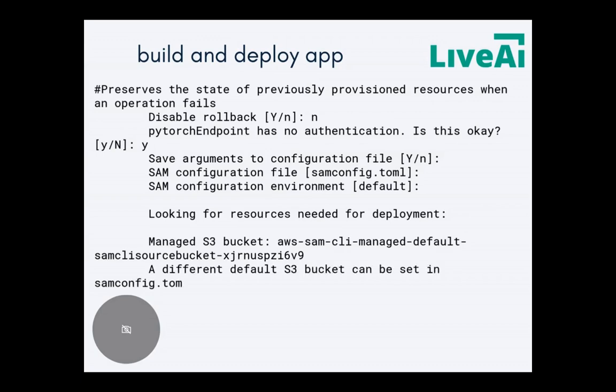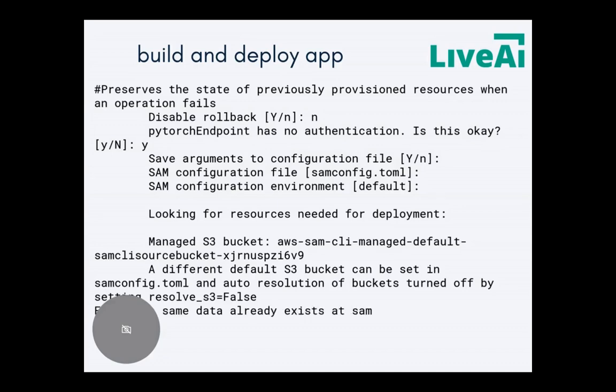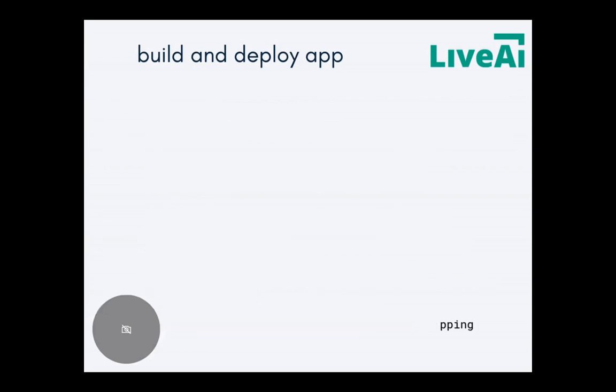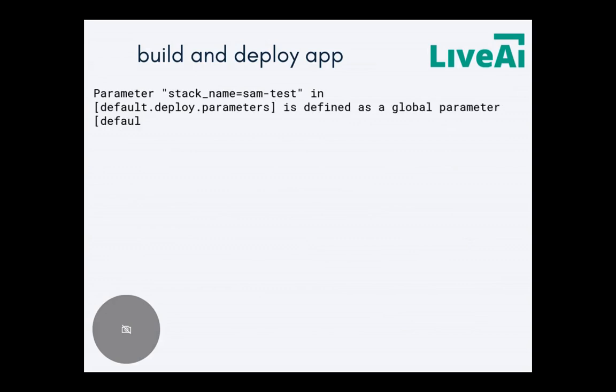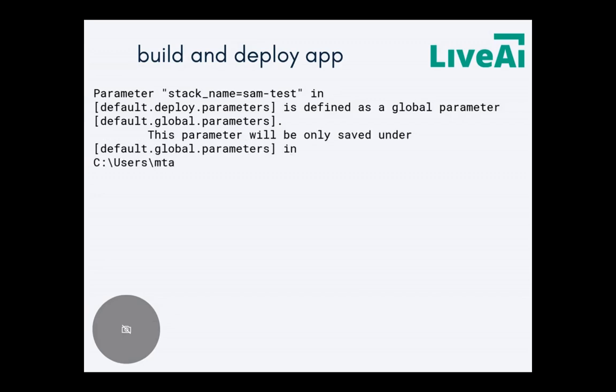And then it creates and manages resources, because you have given SAM permission to create an S3 bucket, ECR and things like that. So it did create a bucket where it is going to store all the libraries. It has also created a stack name and then saved it. So it just does everything for you.